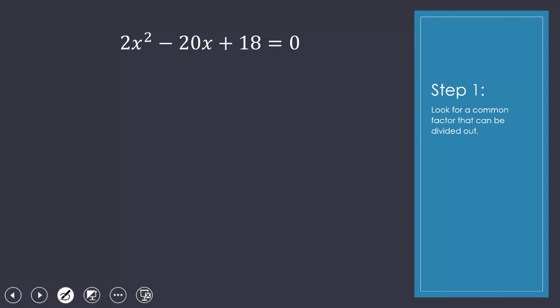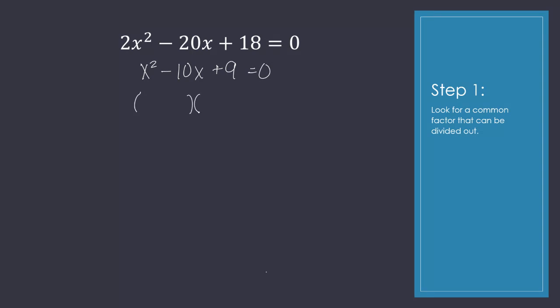Now looking at this one, I can very clearly see I can take a 2 out of all of these. I'm going to do so, and I get x squared minus 10x plus 9 equals 0. This I can factor pretty easily. I'm going to break apart the x squared into x and x. Then I want to think about what factors of 9 are going to add to give me 10. Well, clearly 9 and 1 are going to add to give me 10. How do I get negative 10 with that?